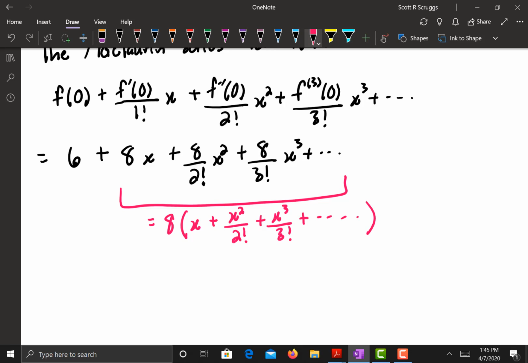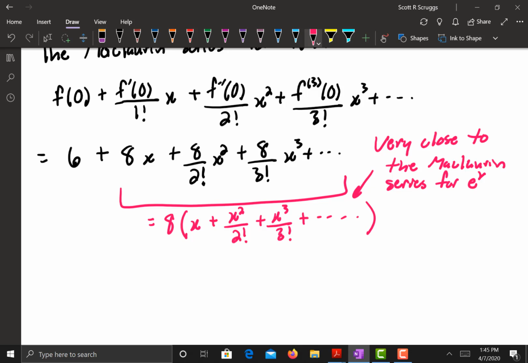And so I am very close to the Maclaurin series for e to the x. I'll make that as a note. The only thing that I am missing is a 1 to correspond to when I plug in 0.